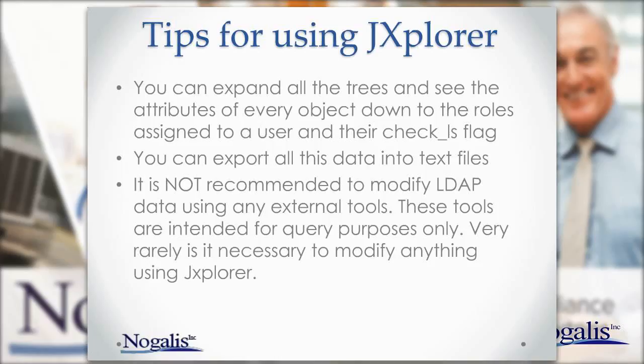It can only do so many queries at once. If you're up at the very top of the tree, you've got all of your user information, all of your role information, and all of your security information in one place in all the different profiles. That's a lot of information for it to bring back. So you set your base DN at the part of the tree that makes sense for what you're looking for.